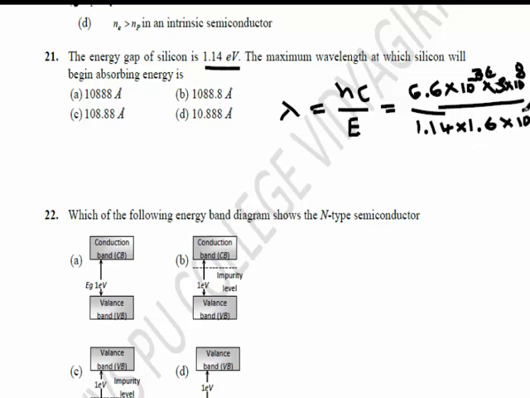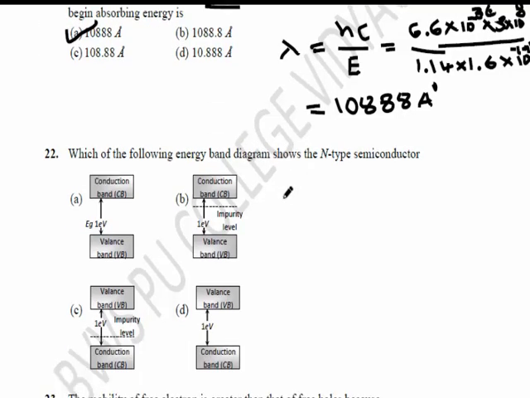After doing the calculations and adjustments, you will get the answer as 10888 angstrom unit. Means option A is correct. Option A is correct. Okay, 21 is A.